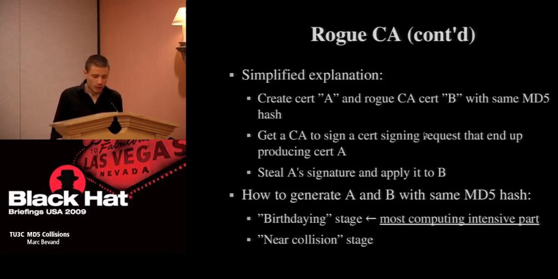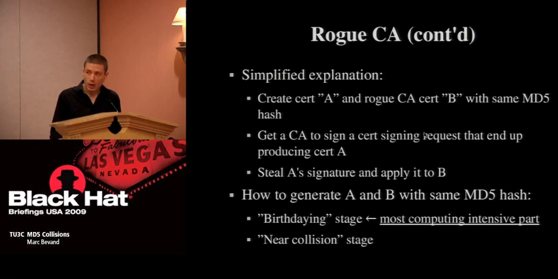And then they had the public CA sign a certificate signing request that ended up producing the certificate A, and that allowed them to steal the signature of A, apply it to B, and make B a valid certificate. There are dozens of details that I'm just not going to explain here, but basically it involved being able to predict the serial number used in certificate A to be able to mount this attack, and there were a few other details to take care of.